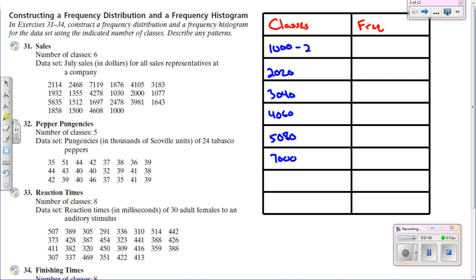And then 2019, 3039, 4059, 5079, 6999. And then you just add 1019 to this, and you get 8019.